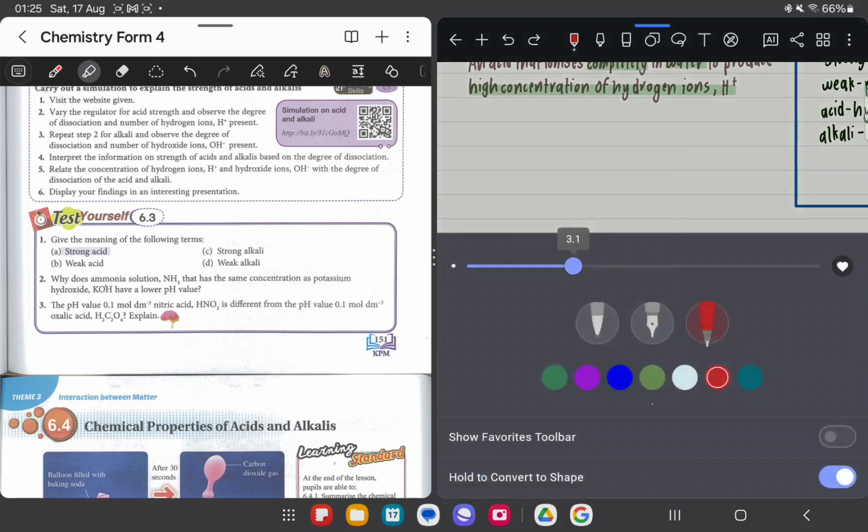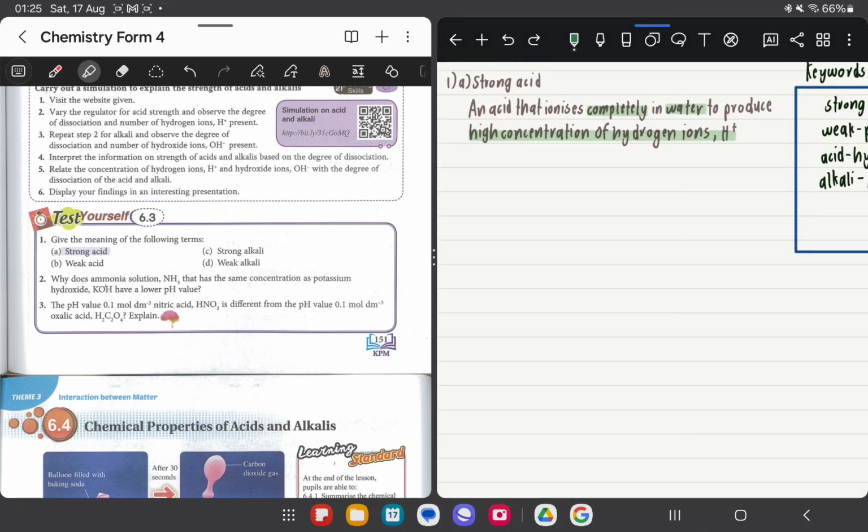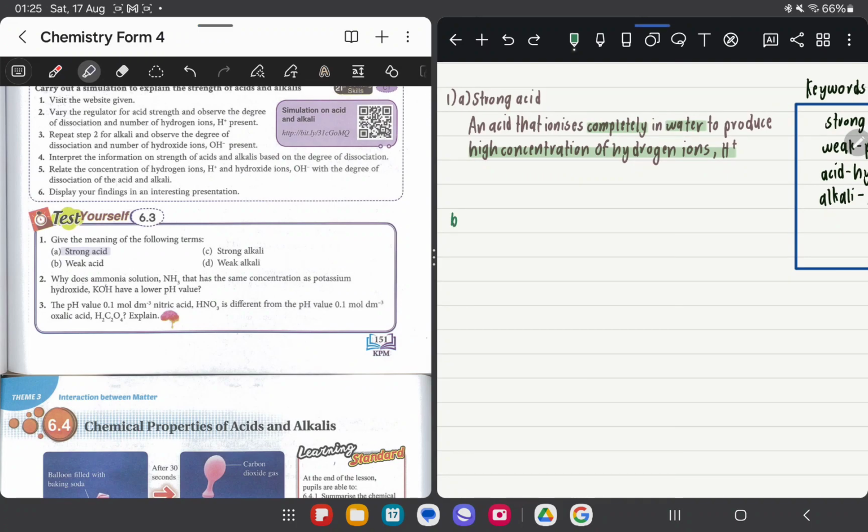Next we move to question b, weak acid. What are the three magic words that I asked you to remember? Partially, water, low concentration of hydrogen ions.